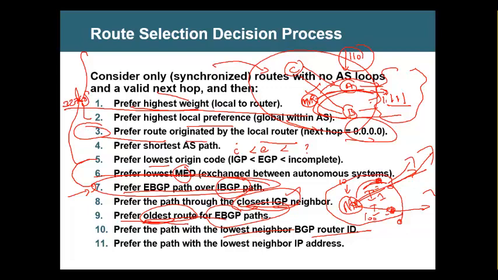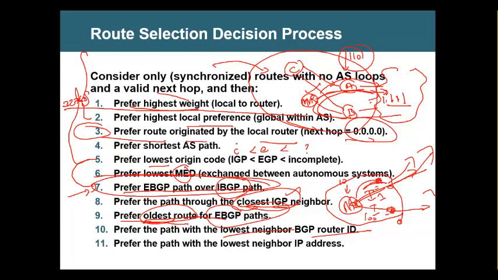What if the router ID is also a tie? A very, very rare case. Even the neighbor's router ID is the same. It will only happen by mistake. What if the mistake has happened? I have two EBGP neighbors. Unfortunately, both have the same router ID, and they are advertising the same networks. Which gateway should I prefer? This last one cannot be a tie at all.